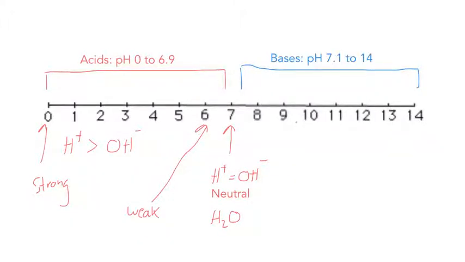Just like with the acids, your strong bases are going to be at pH 14, whereas your weak ones are going to be closer to neutral. Because in this case, what's happening is that your hydroxide concentrations are bigger than your hydrogen ion concentrations.